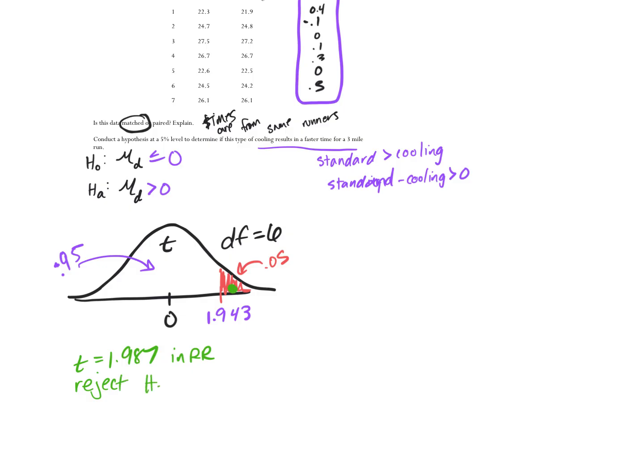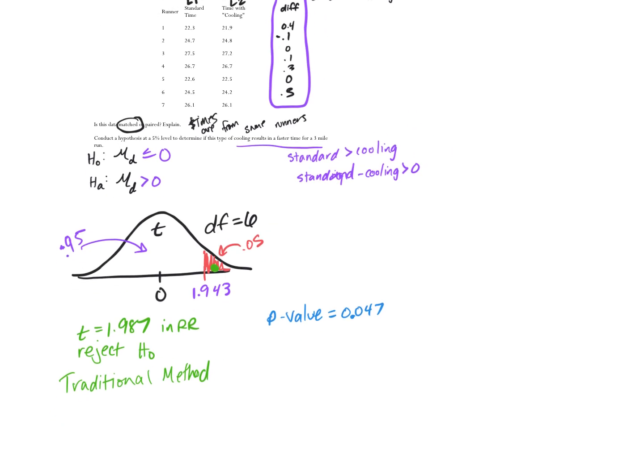So, reminder, this is the traditional method. My other option is saying my p-value is 0.047. What can we say about 0.047? It's less than 5%. My alpha, my significance level.